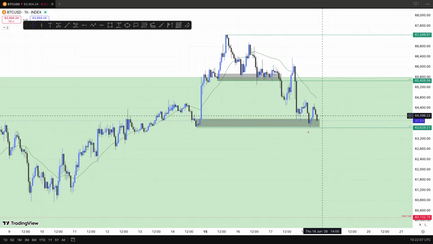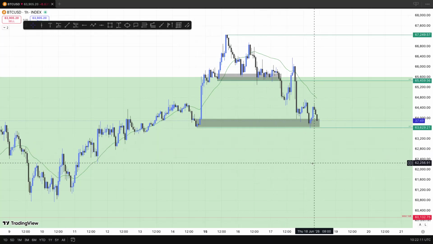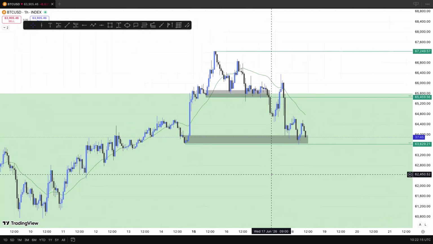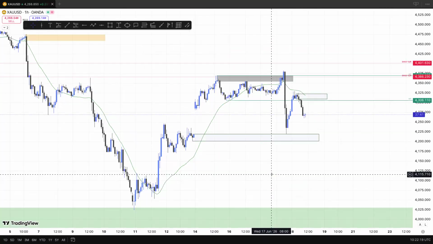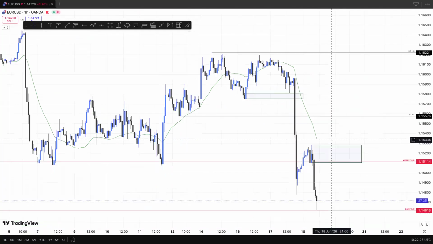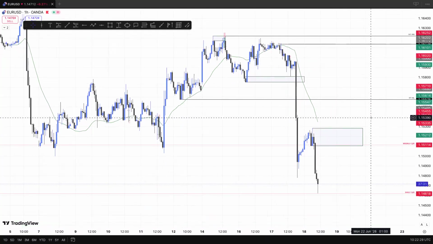If not, and price invalidates this demand, then we'll be looking for price to push further down into another area of interest. So BTC USD, potential bullish move. XAU USD, currently bearish. And Euro USD, also bearish and inside an area of interest or inside a target.